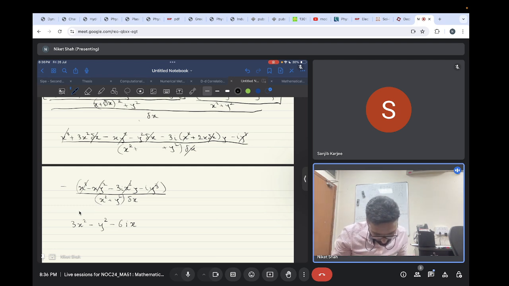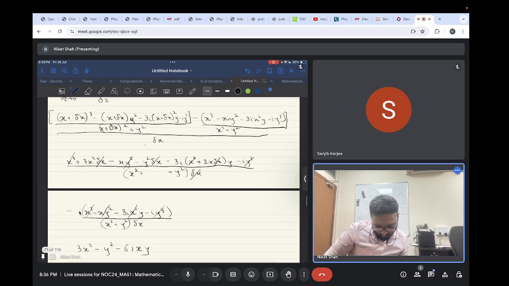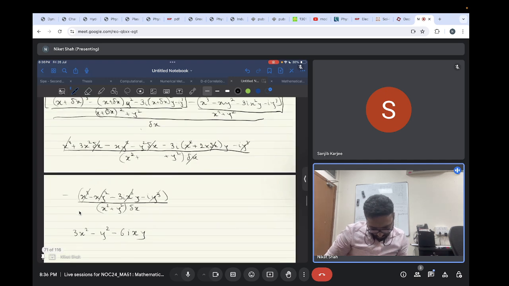Y, there is y also outside, minus 6ixy. Okay, this divided by x square plus y square.